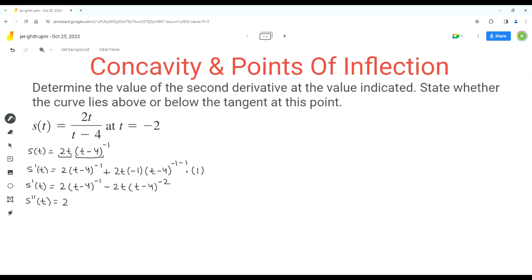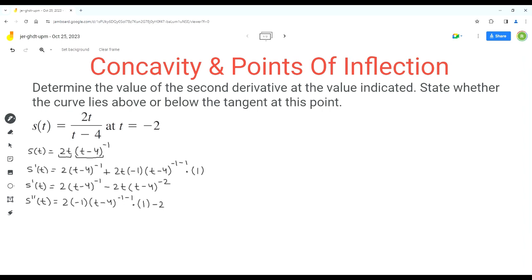So we'll move the exponent to the front and subtract 1 from the exponent, times the derivative of the inner function. The inner function is t minus 4, so the derivative will be 1 minus 0. We can ignore the 0. And then in the second part, -2 is the coefficient, so it will stay as it is.